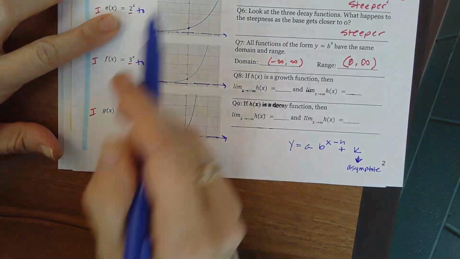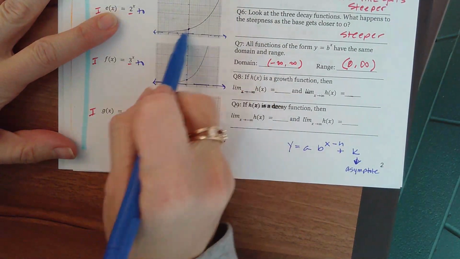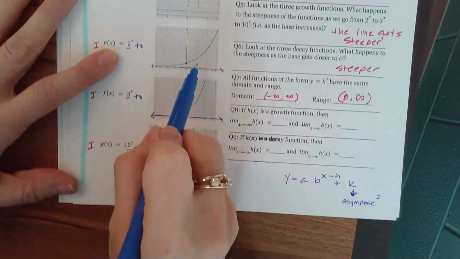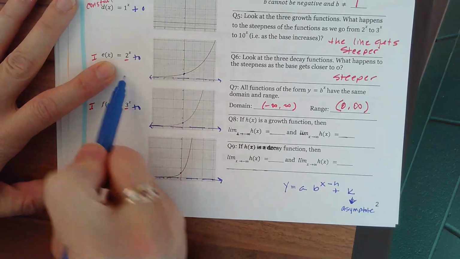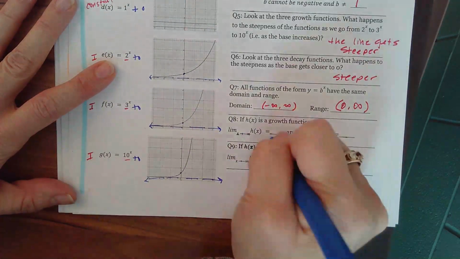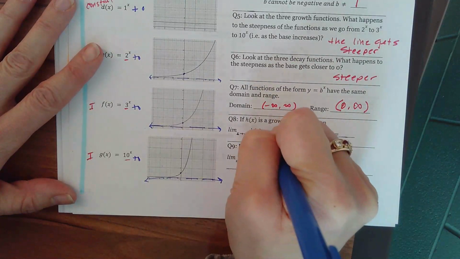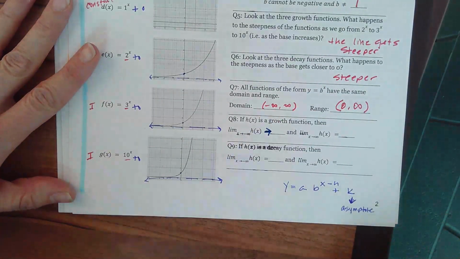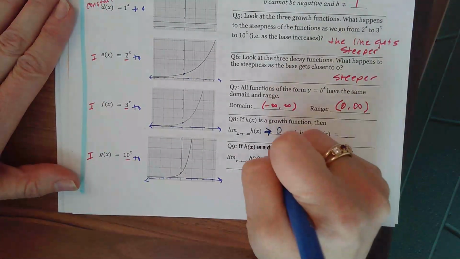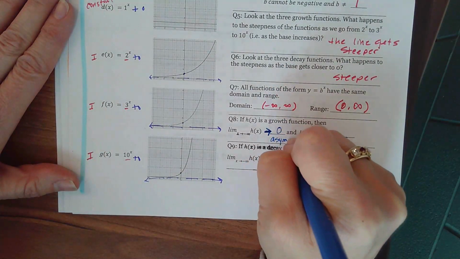As x gets smaller, what do you notice about my graph? On all three of these, as x gets smaller, on the left side of my function, my graph is getting closer to 0. And so I'm going to change this from an equal sign to an arrow. I don't like the equal sign. It's approaching 0. And the reason why it's approaching 0 is because it's approaching that asymptote.